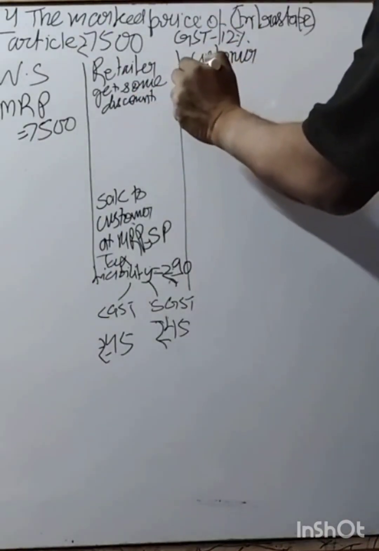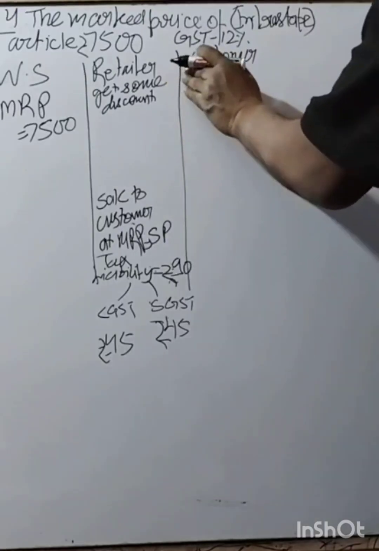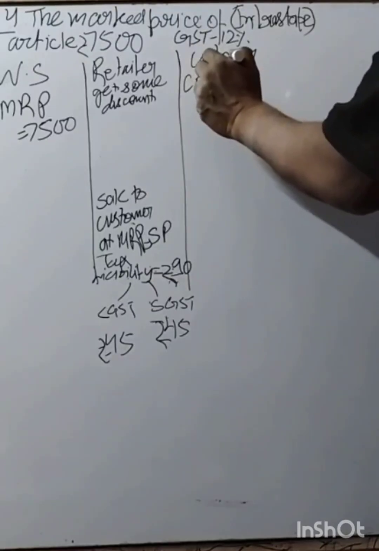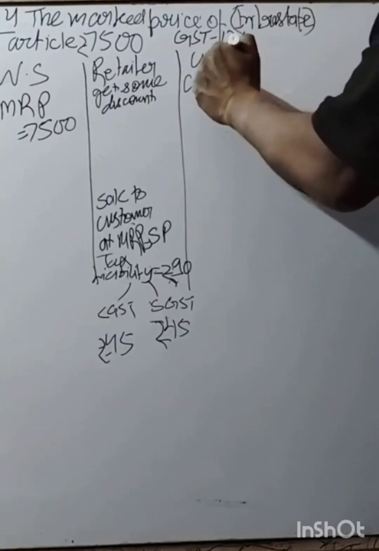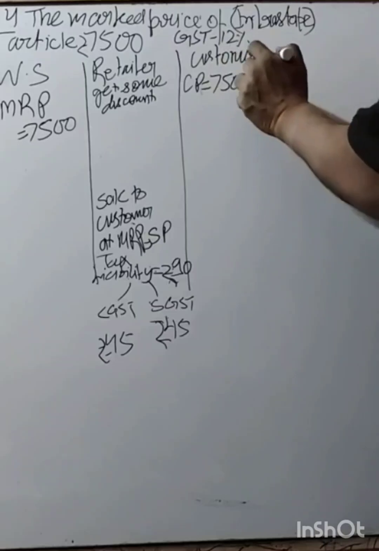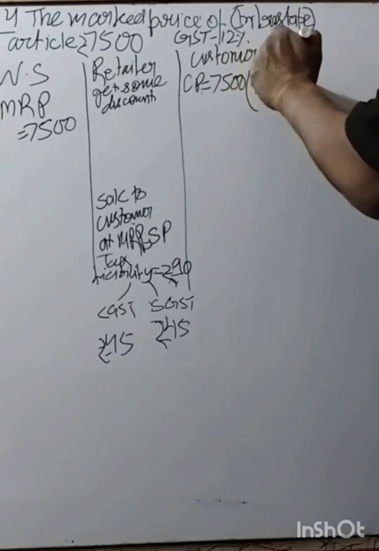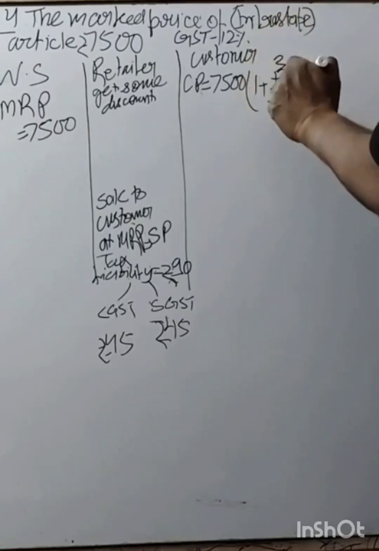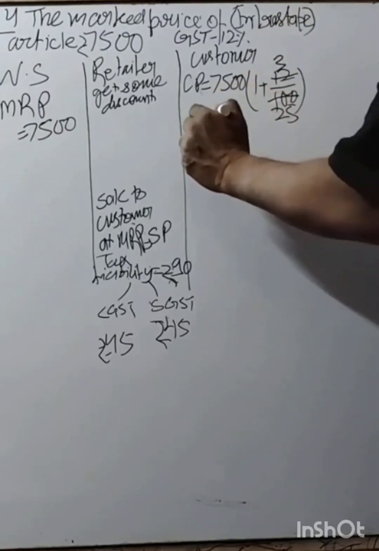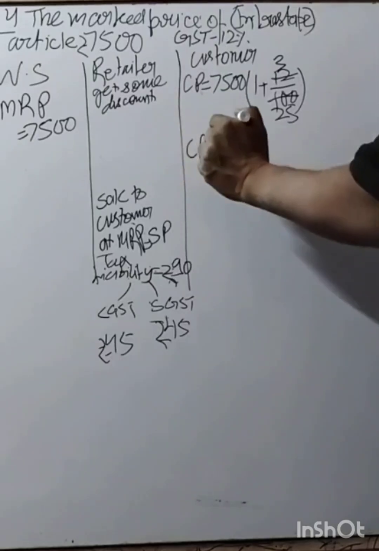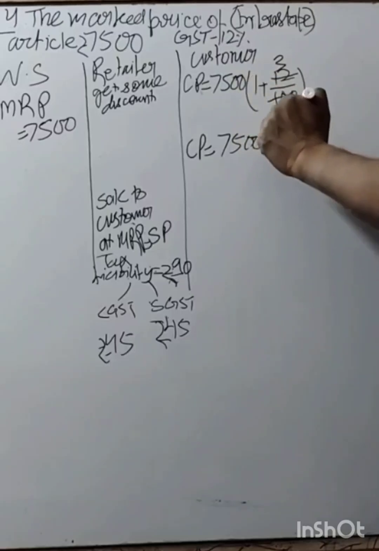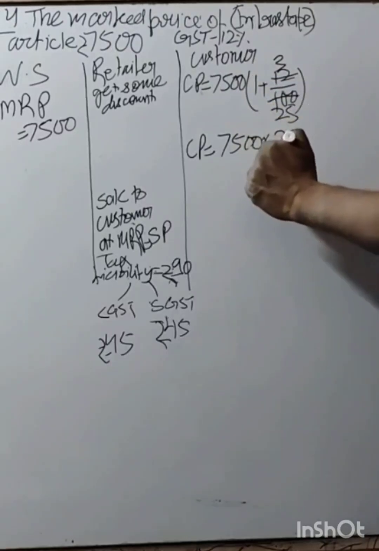So for the customer, CP is equal to 7,500 into (1 plus 12 upon 100), which is 7,500 into 28 upon 25.